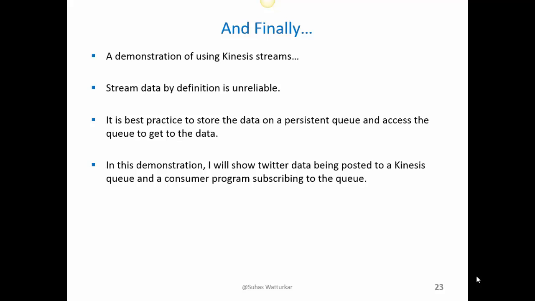The way these streams work, or even RDDs work, if any data is lost because of failure, it reruns and goes to the lineage to process the data. But this works only if the input is reliable, and a stream data source is by definition unreliable, because if you lose a stream, you cannot go back and recreate it.